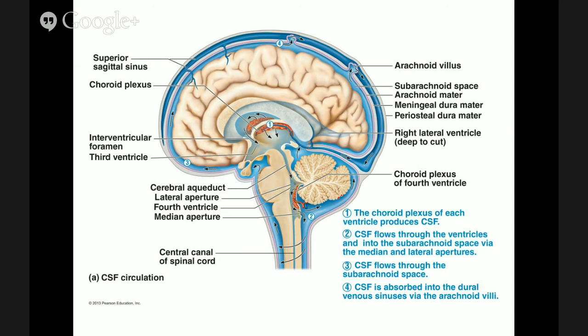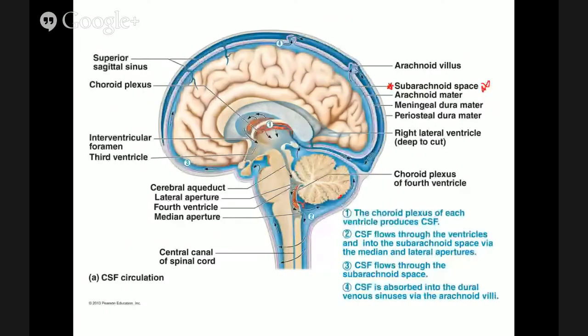It's called the subarachnoid space. So sub means under, so the subarachnoid space is a space or a compartment that's under the arachnoid mater, your layer of your meninges. So you'll notice that the CSF can come out and it can circulate all around the outside of the brain in this subarachnoid space.